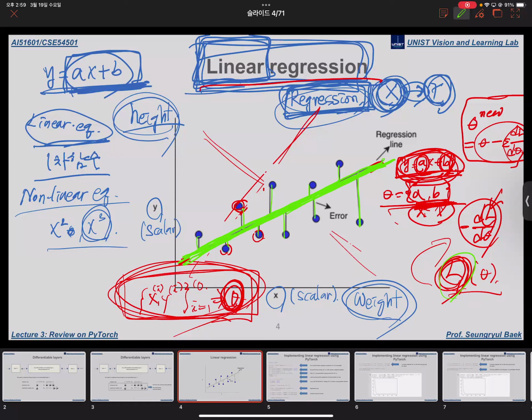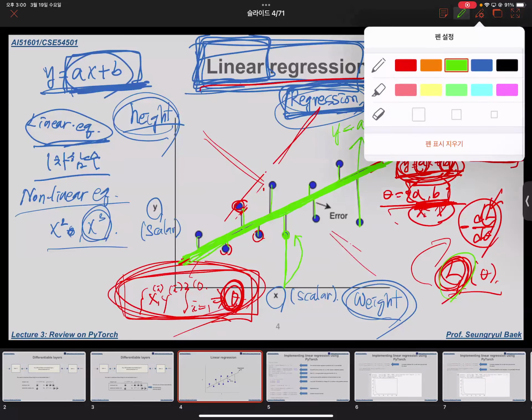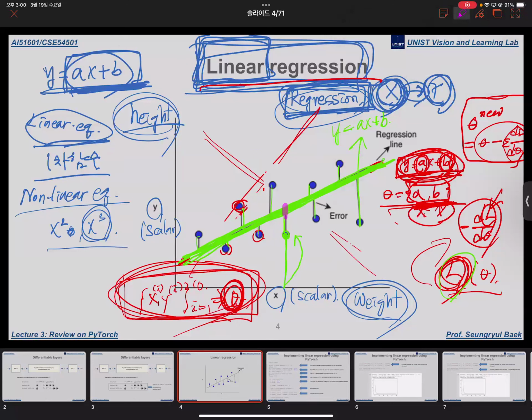And this line is Ax plus B, okay? Actually, when inputting this X value, our output is generated in this Y, okay? For given X, this Y value would be our prediction, okay?